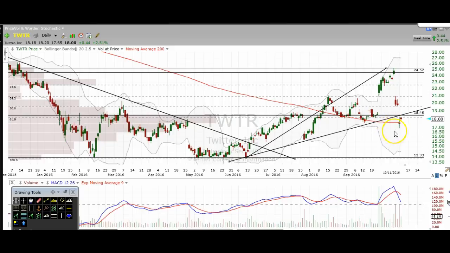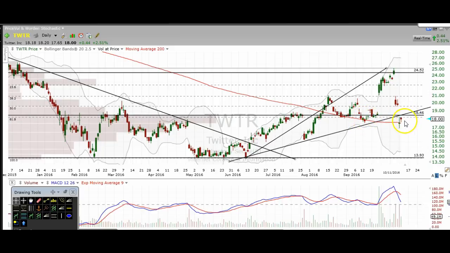Another thing I want to note here is we're right at the 61.8 Fibonacci retracement level. Here it is right there. It's drawn from these lows right here to these highs right there, and that gives you the 61.8 Fibonacci retracement level, which matches up well with the 200-day moving average right here and that previous low that we made right there.